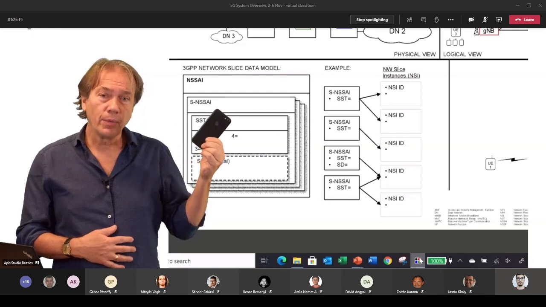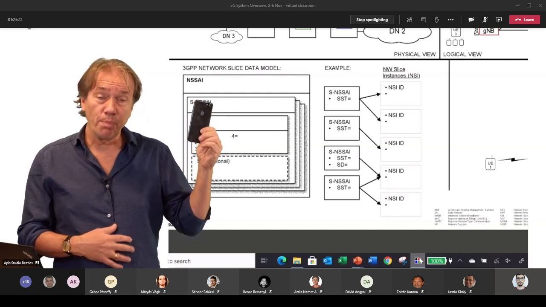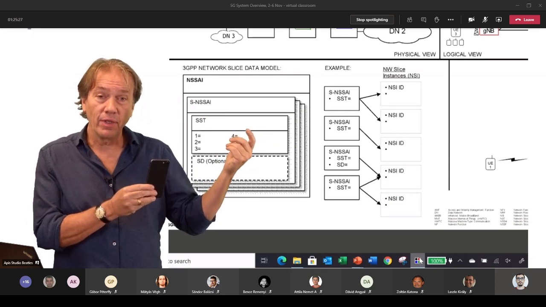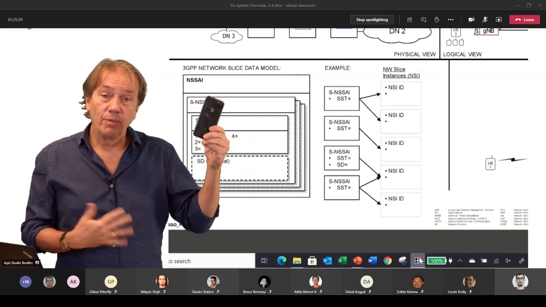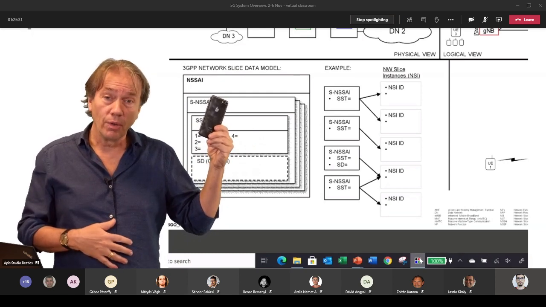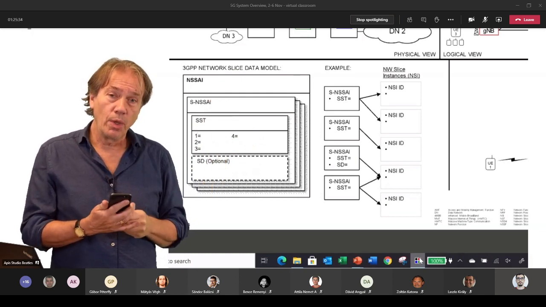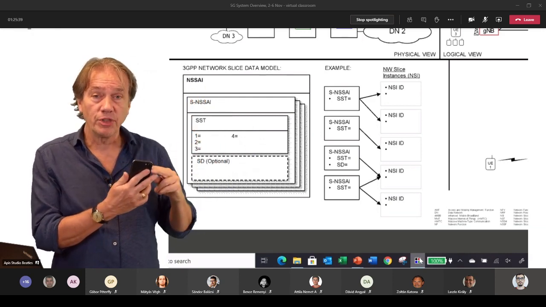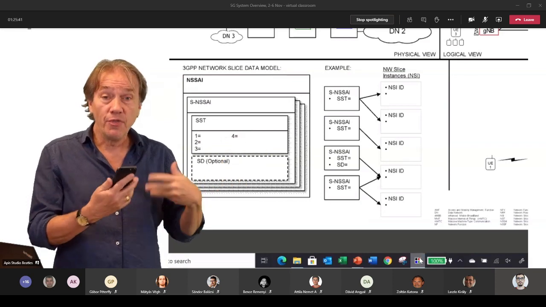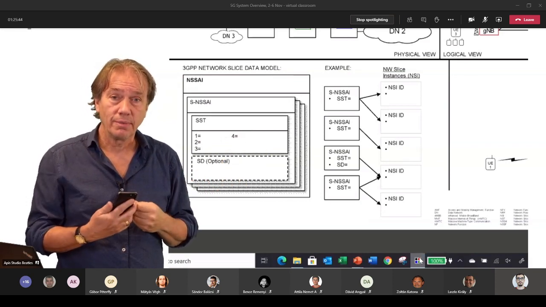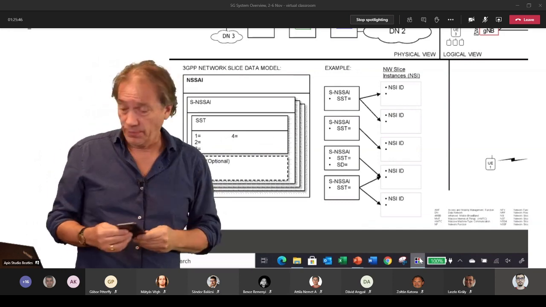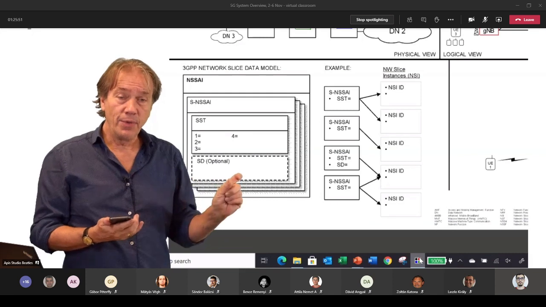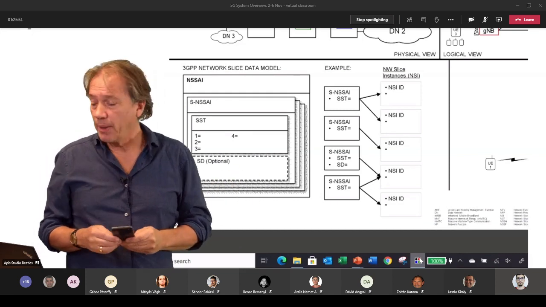And we cannot really expect each user equipment to know how many slices there are in the network, and even less, the UE will not know what these slices are called. So what the user equipment will send is network slice selection assistance information: I would like to belong to this type of slice. And then the network will select exactly the right slice.